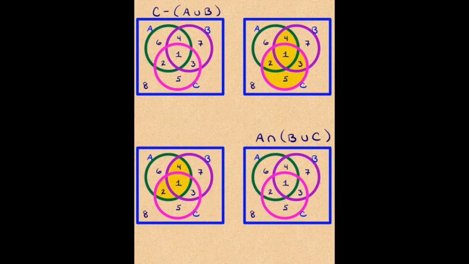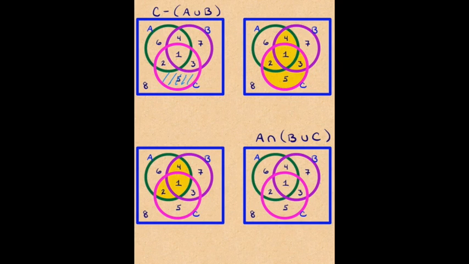In the top left, if we had C minus A or B, then you would actually just take away 2, 1, and 3 from all of C. So it would represent just that portion right there.